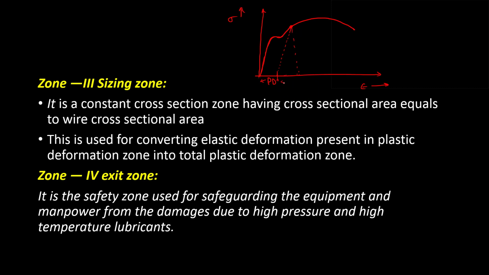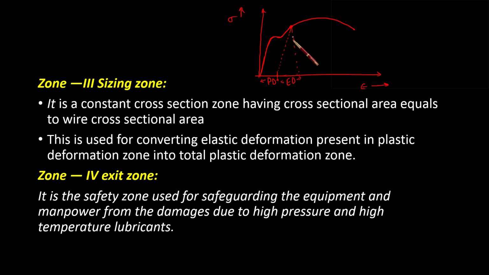Earlier the total deformation was this much, but finally when you remove the complete pressure which was applied, you find that the total deformation has decreased. This is known as elastic deformation.